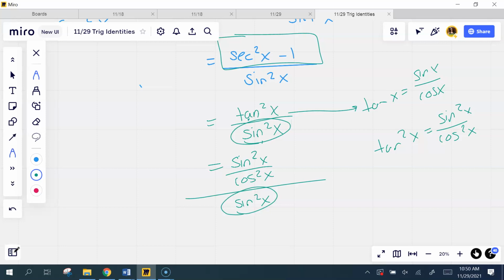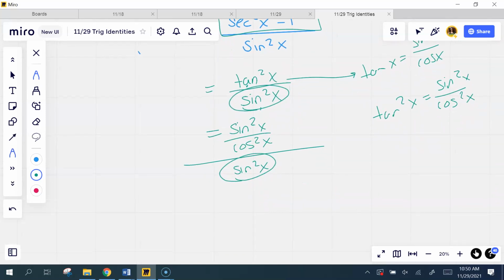Now, so now, instead of dividing this fraction by anything, I'm going to take my fraction and multiply it by 1 over sine. All right, the tangent just became the sine over cosine.